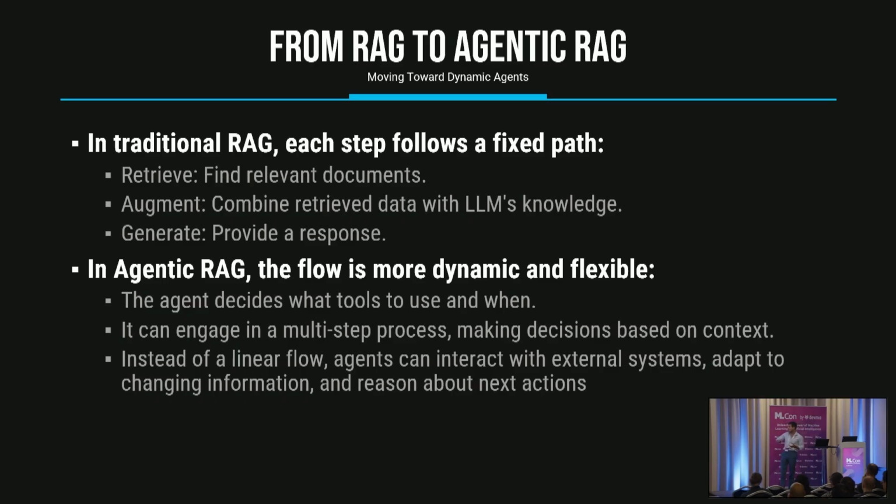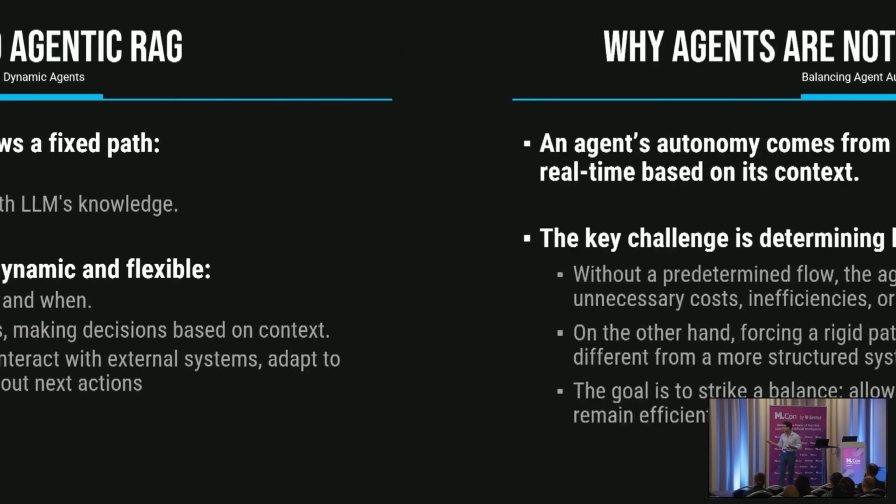The agent decides what tool to use and when, with some level of freedom, and it can engage in a multi-step process. So it can make decisions based on the context. In fact, instead of a linear flow, those agents can interact with external systems and can adapt to changing information.